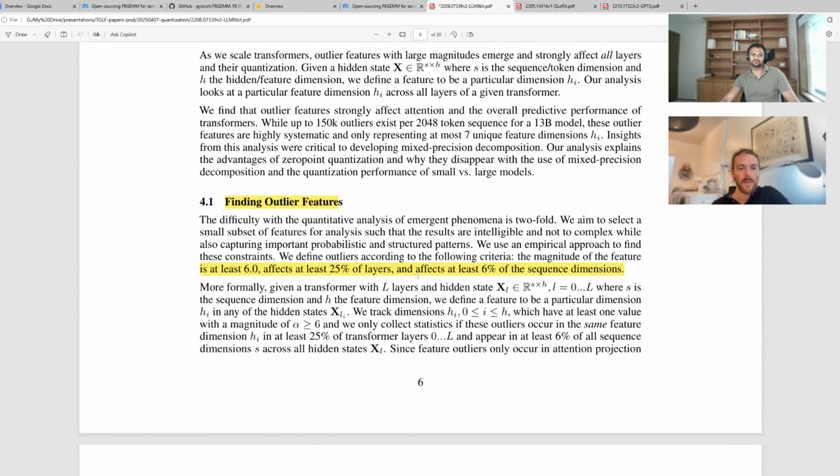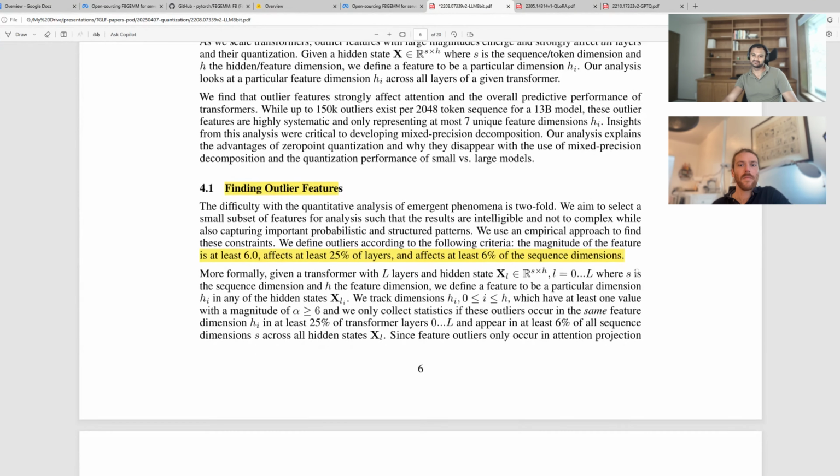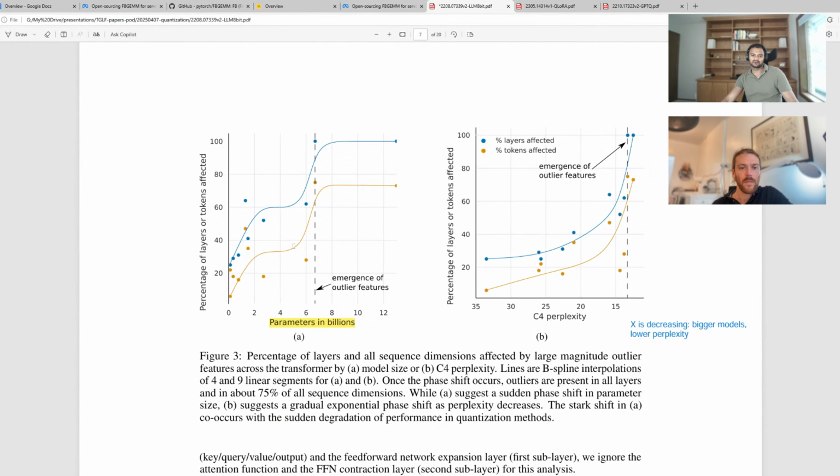They have some heuristics to select the outliers. So we're discussing exactly along the lines of what you said. You take some sample data set, run through it, figure out where the activations are huge. And they have some heuristics: the magnitude is at least 6, in at least 25% of the layers, and it affects at least 6% of sequence dimensions. I guess 6% of tokens.